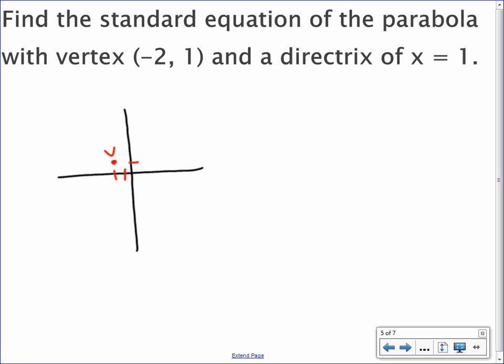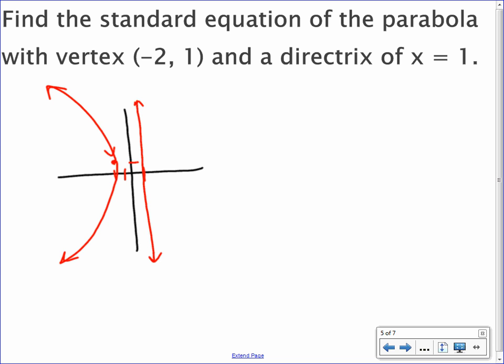And our directrix is x = 1. What way is this opening? Left. Okay, it has to open away from the directrix. So we know it's opening left.